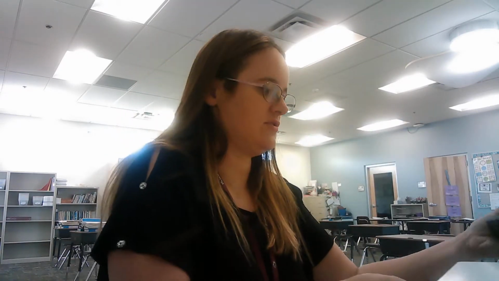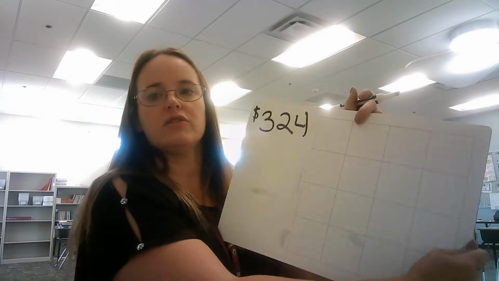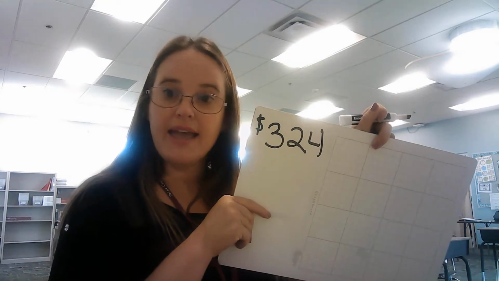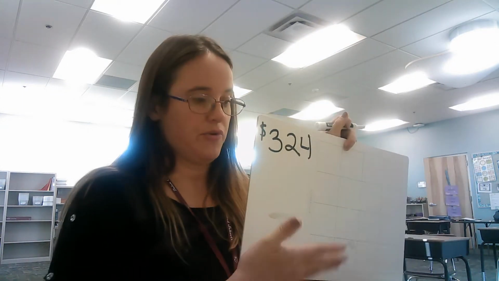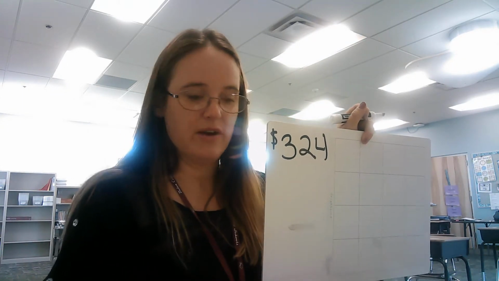We're talking about $324. So we'll write that down on our whiteboard here. $324. I have money manipulatives, so I'm going to use these and show you how we use them.